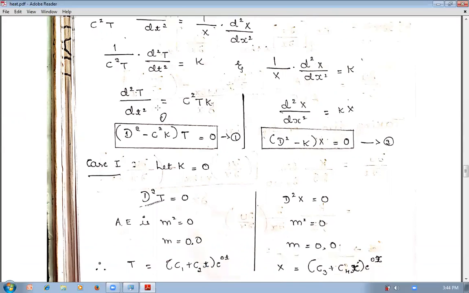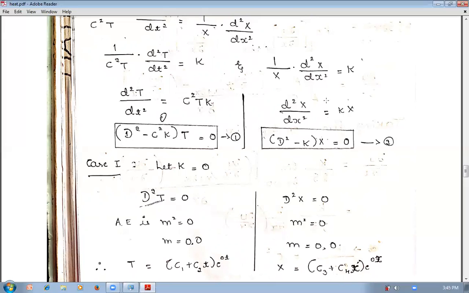Taking this side, this is in terms of d. We can express this in terms of capital D, a differential equation of second order. So writing in terms of D, this is D square minus c square into k into T. Remember, here t is the variable.